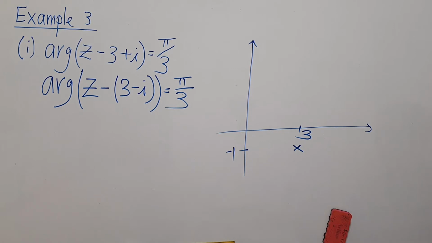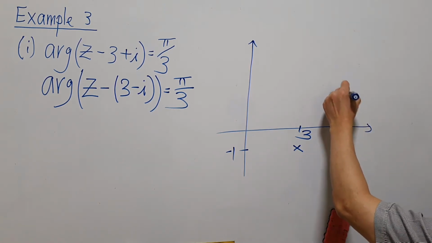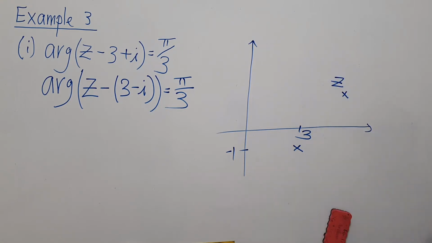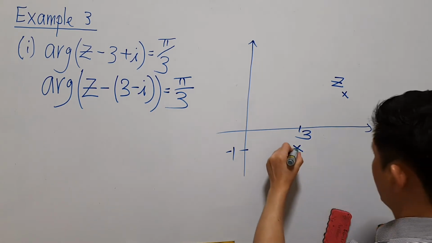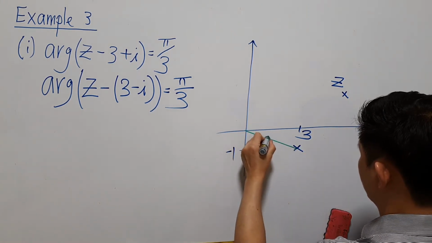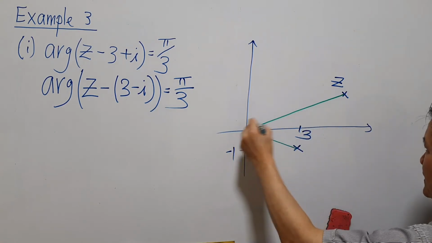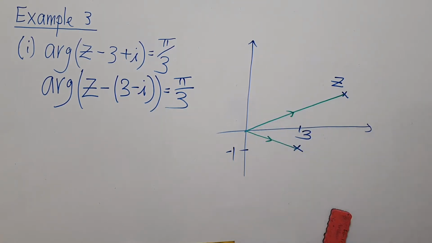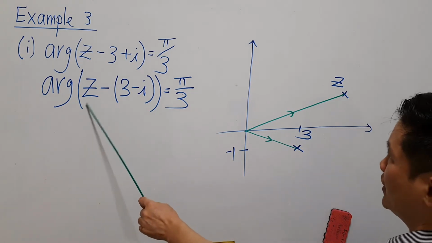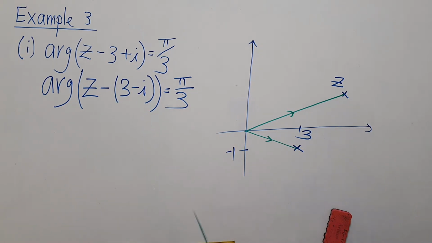If this is my complex number z, and you have 3 minus i drawn as a directed arrow, and this is a generic complex number z, where is the complex number z minus 3 minus i?